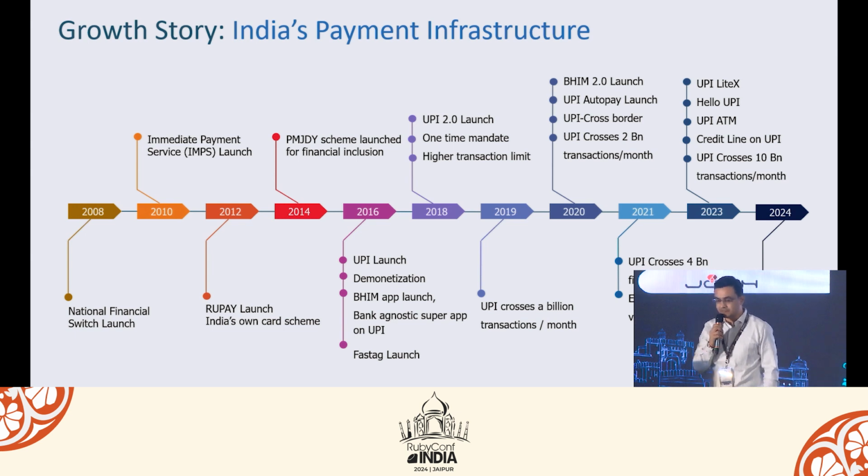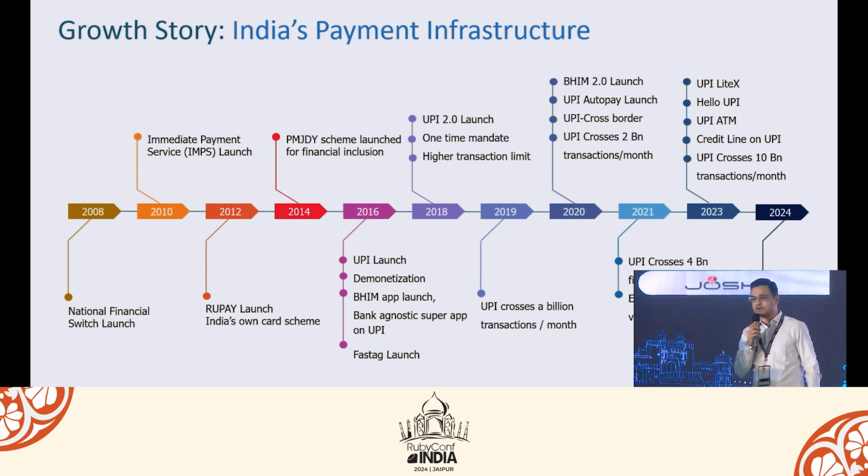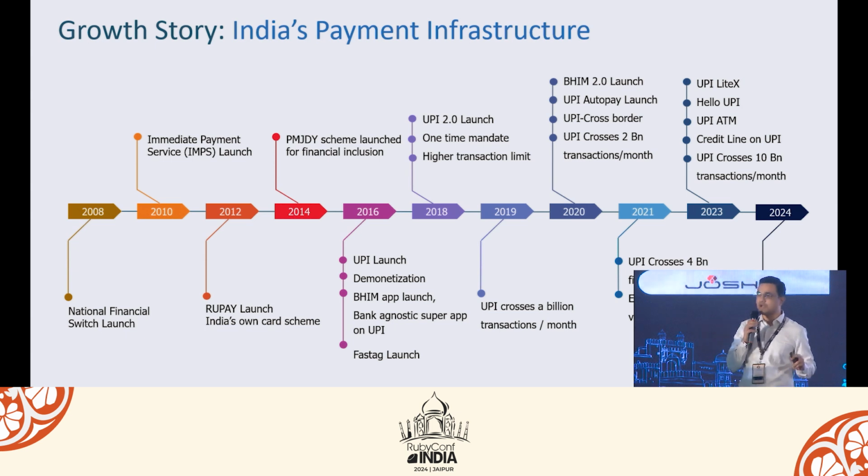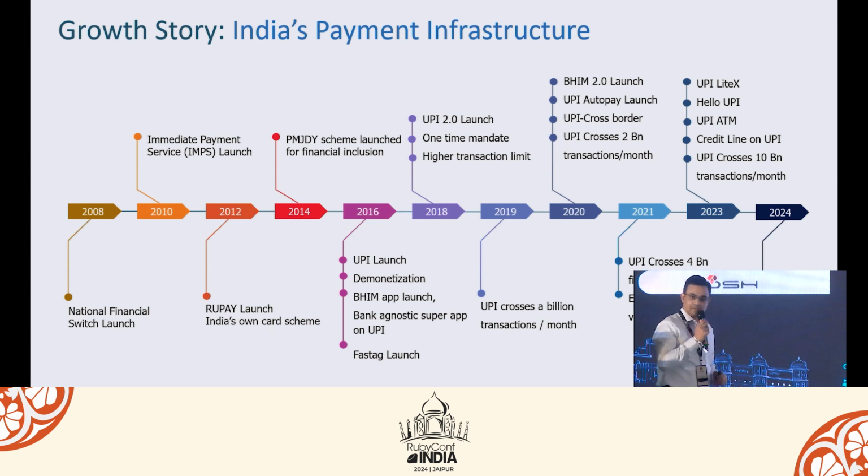Be it your salary credits, EMI payments, your credit card payments, or the subsidy your farmers get today, 99.9% of payments today go through NPCI. That's the scale that we are operating at, and we are scaling very rapidly.